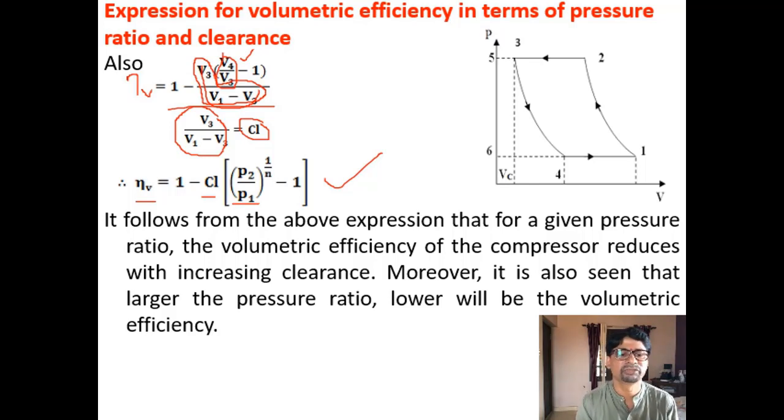So if the clearance is increased, volumetric efficiency reduces truly, because if more air is accumulated, the expansion process 3 to 4 will take longer duration, and there will be less space, that is length, available for the actual suction. And also, if the pressure ratio is large, then also the volumetric efficiency is small from the above expression.